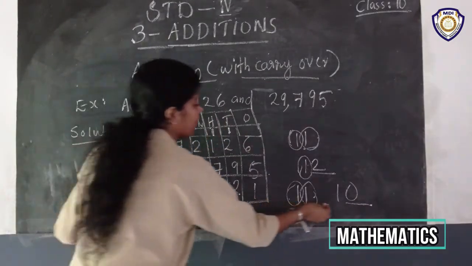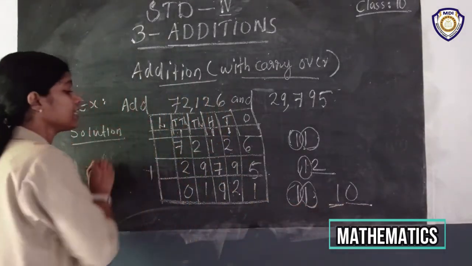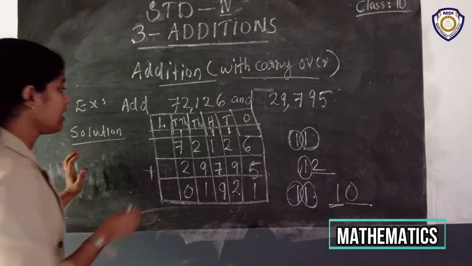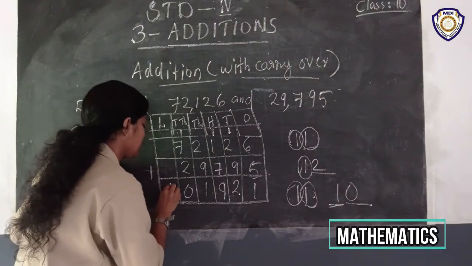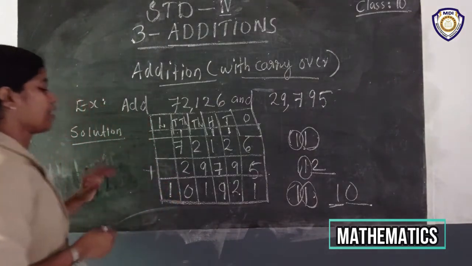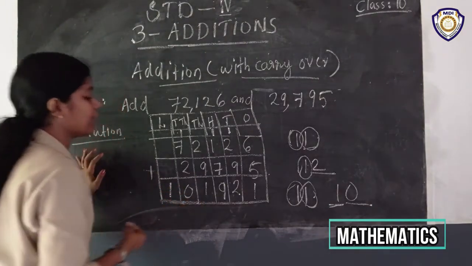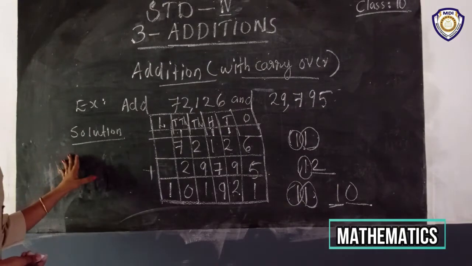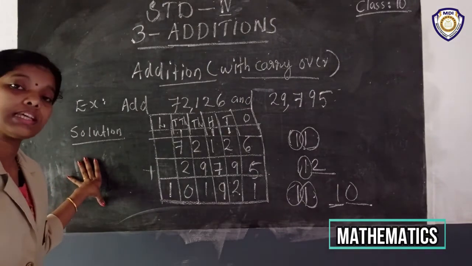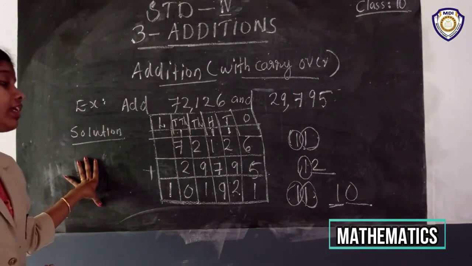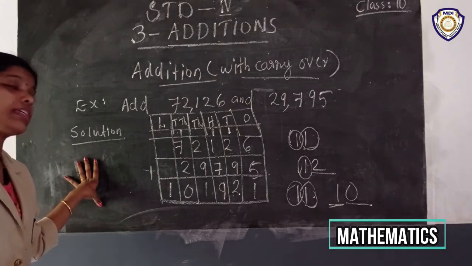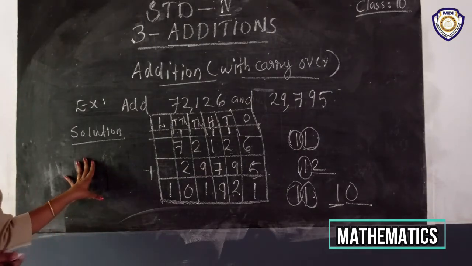Then 1 is carried to the lakh place. Answer is 1,01,921. 1,01,921 is the answer.